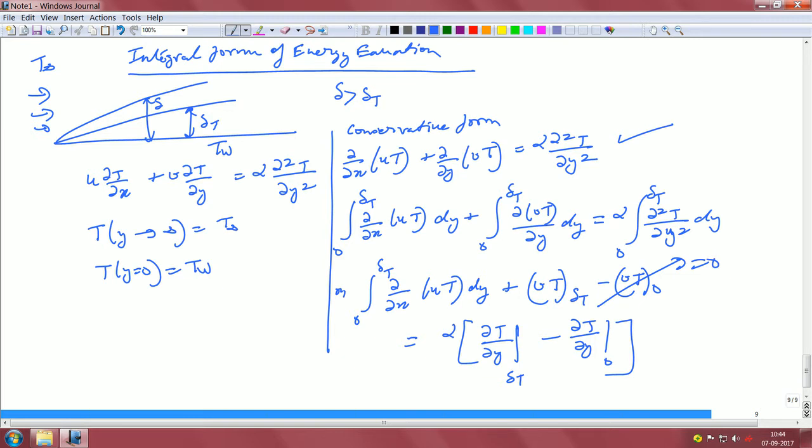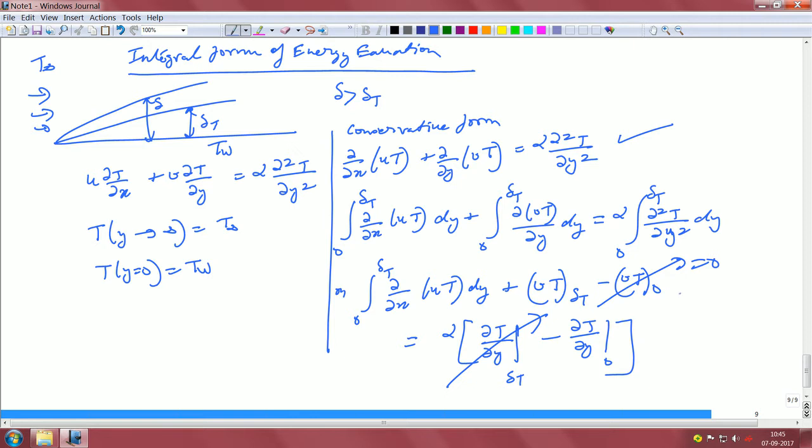This is also equal to 0 for the same reason, because the thermal gradient disappears as we move to the free stream.